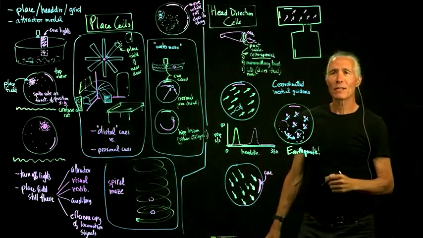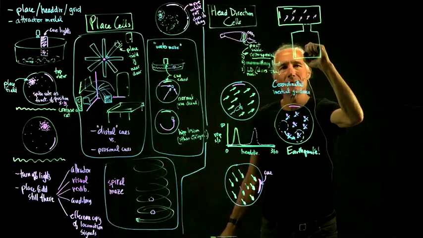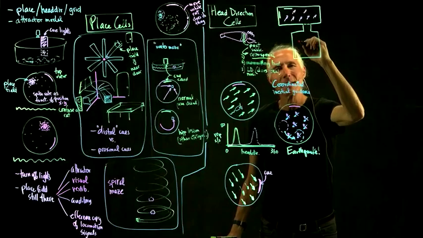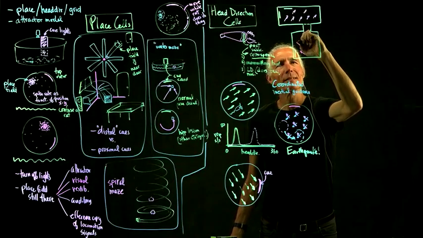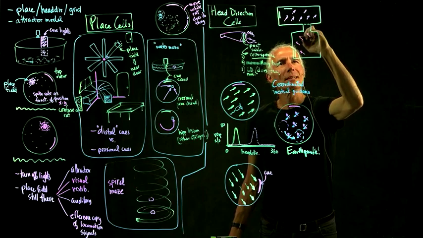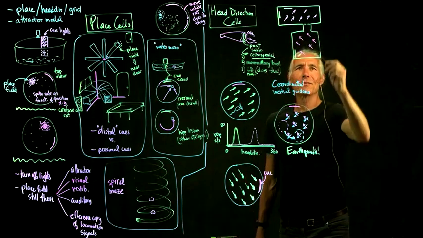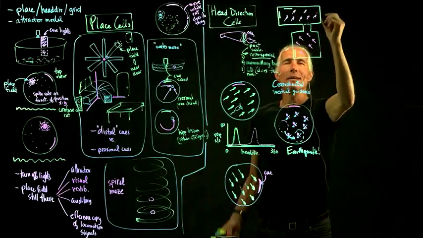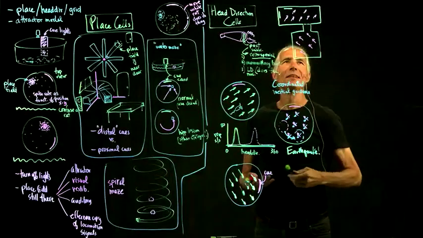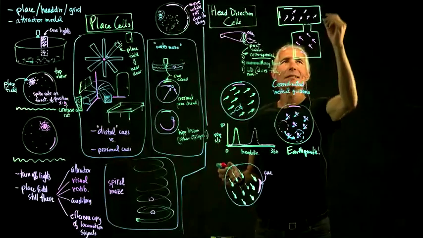And then on a different day, you put them into this arena, and the head direction is not controlled by magnetic fields, and so the head direction is some other direction like that. And then one day, when they're in the first arena, you open the door and keep recording the head direction cells.